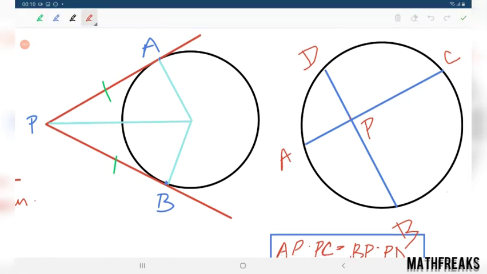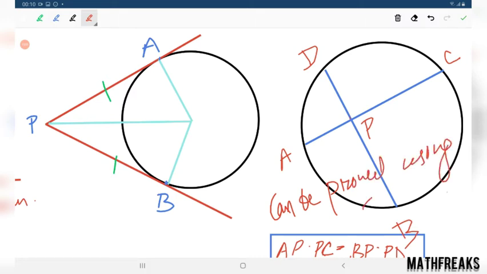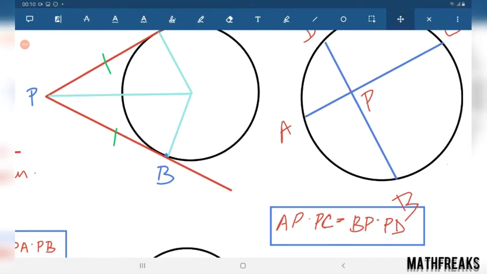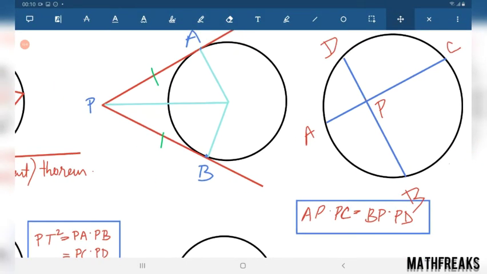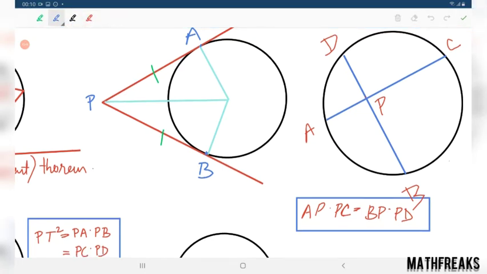That is, when two chords intersect at a point P, the product of AP into PC is always equal to DP into PB. This can be proved using similarity of triangles. That is very important.